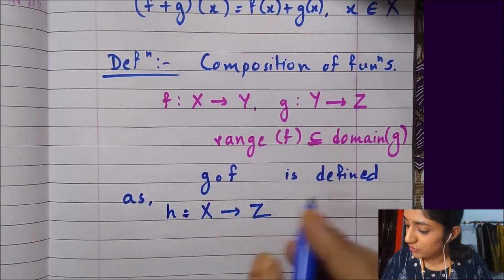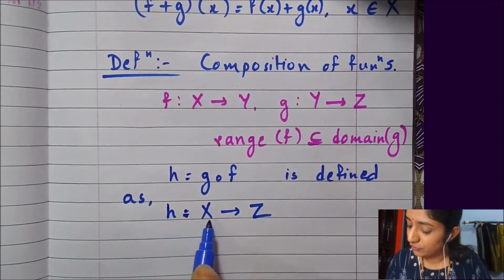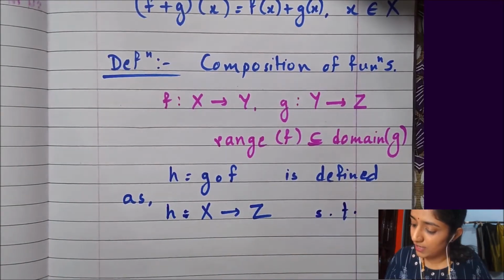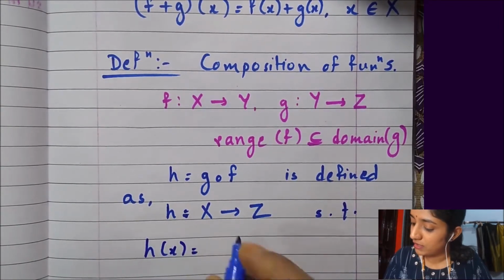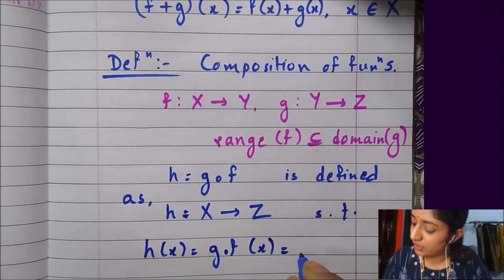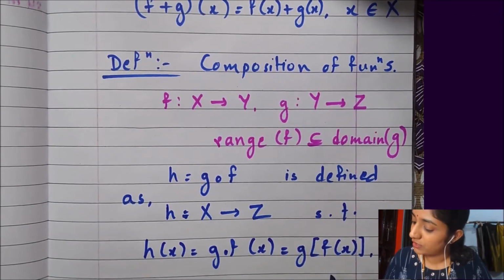So h equals g circle f, defined as a function from X to Z such that h of x is equal to g circle f of x, that is equal to g of f of x, and this is true for all x in X.